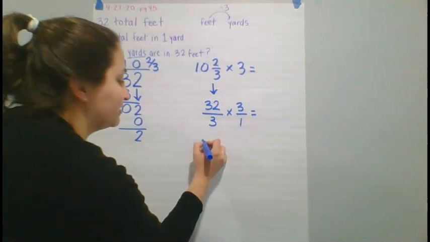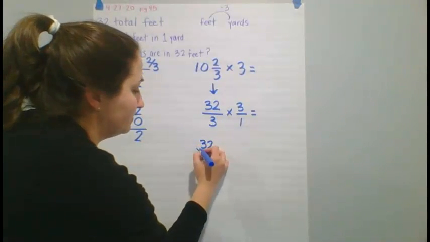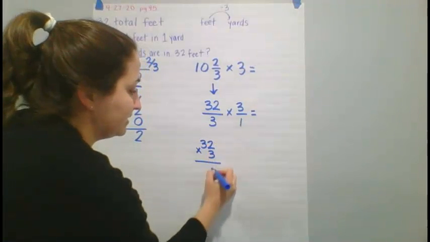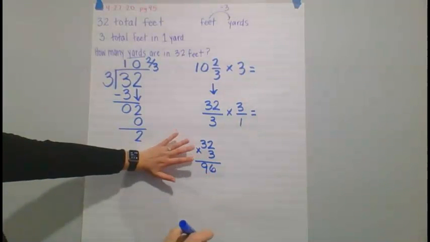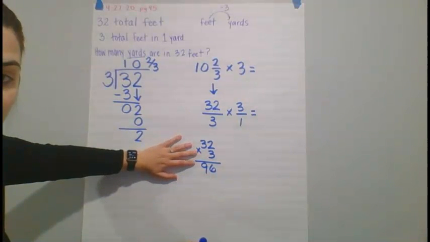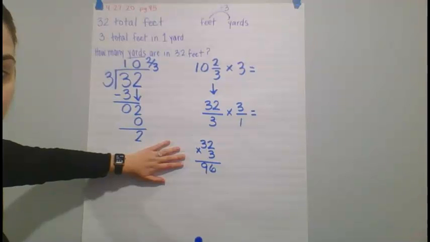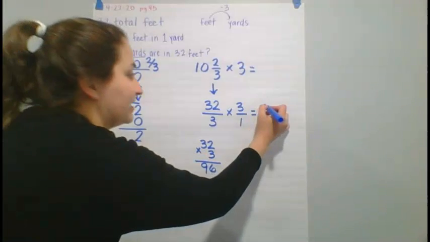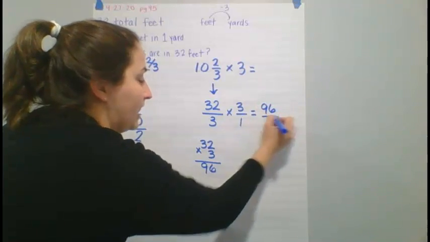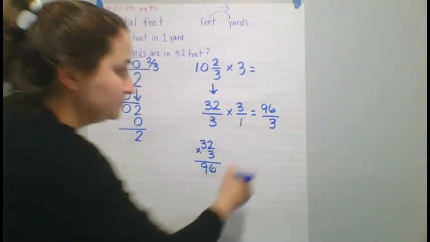So I want to start with my 32 times 3. 3 times 2 is 6. 3 times 3 is 9. And remember, this is a simple stackable multiplication problem, so you don't necessarily need to use lattice because it's a one-digit factor on the bottom. So we've got 96, and then 3 times 1, which is 3.